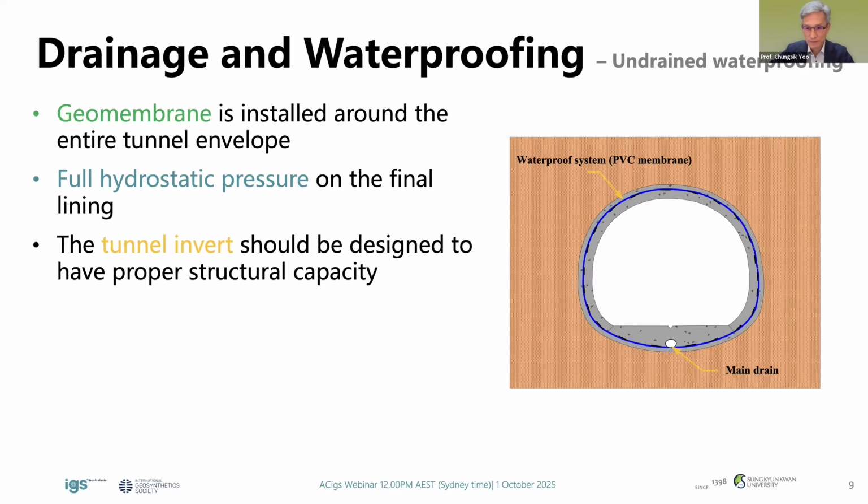So this results in full hydrostatic pressure acting directly on the final concrete lining. And this approach is often adopted in urban or environmentally sensitive areas where preventing groundwater drawdown is critical. So you see the water pressure acting on the concrete lining.